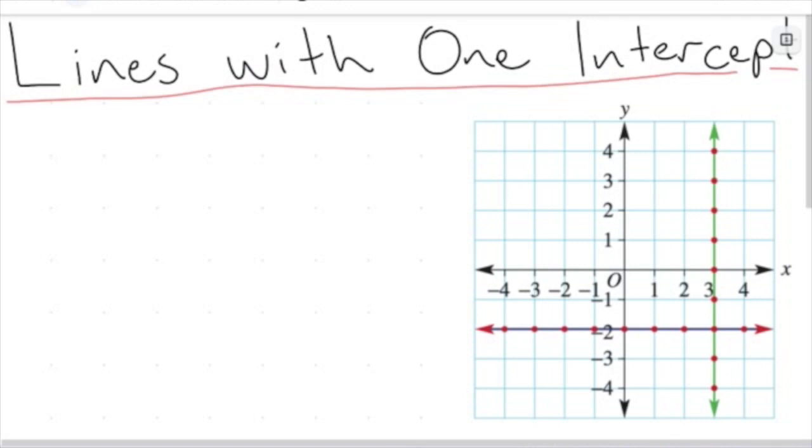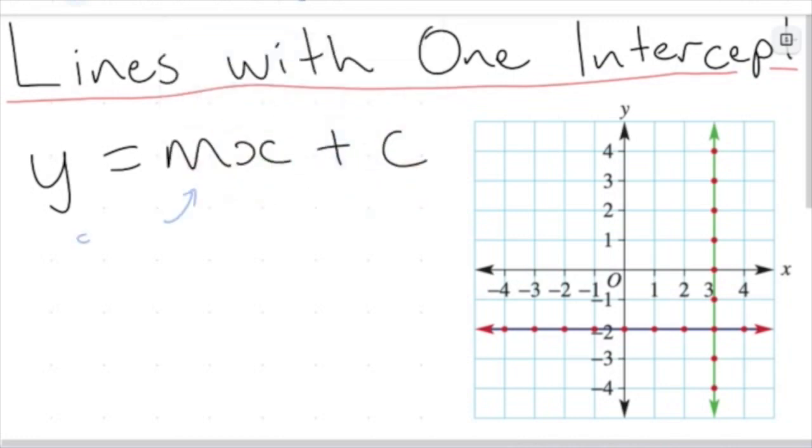I know that all linear relationships have the form y equals mx plus b or plus c, and I can write all of them in this form if I'd like to. We have general form, we have what we call gradient intercept form, and this is gradient intercept form for equations of lines because, as you may have guessed, they tell us the gradient and the y-intercept.